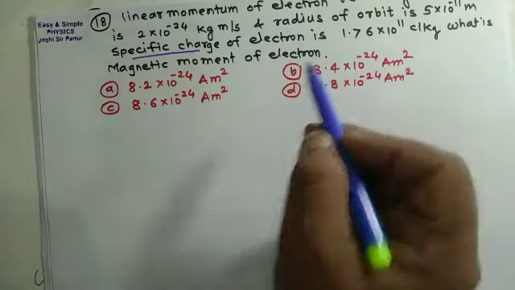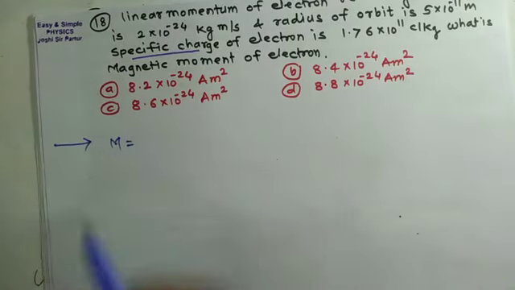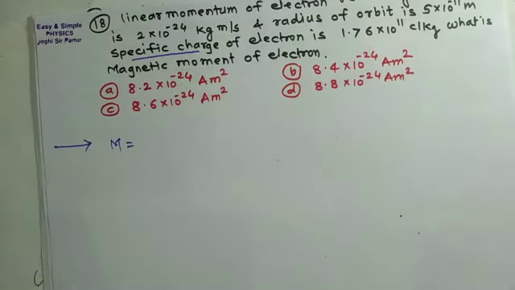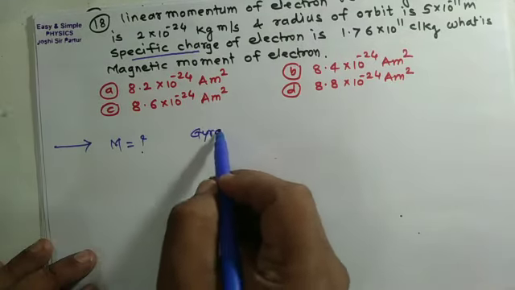What is the magnetic moment of the electron? In such an example, the magnetic moment of the electron will be, question mark.